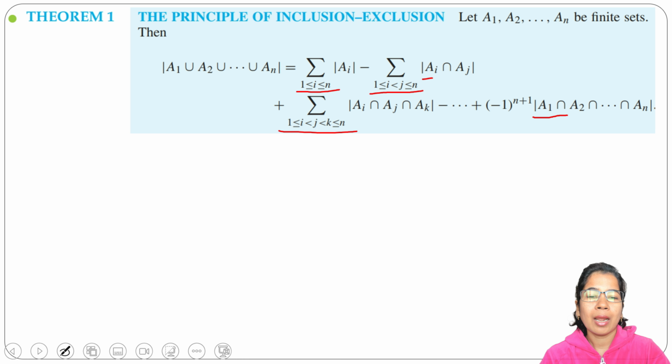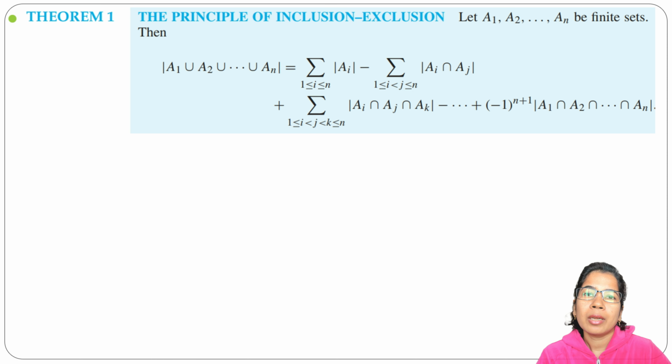So first we add each individual set, minus the 2-set intersections, plus the 3-set intersections, minus the 4-set intersections, then plus the 5-set intersections, and it continues like this, alternating minus and plus, right?